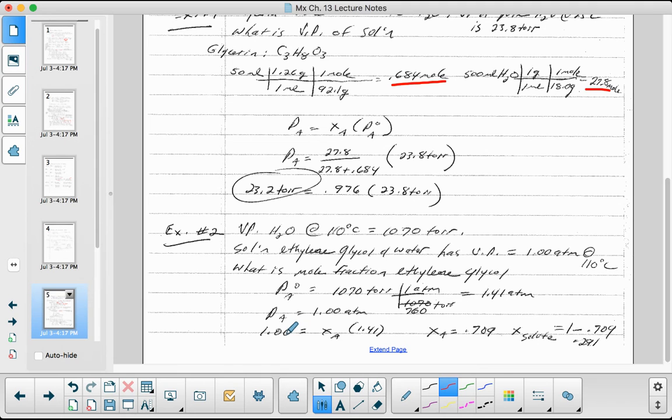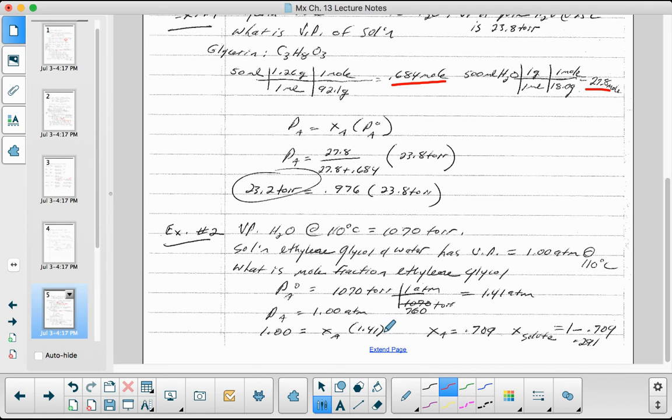So I'm going to plug into my equation for P sub A, which is 1 atmosphere, is equal to X sub A, which is going to be the mole fraction of my solvent. X sub A is the mole fraction that I'm given, and the value that I'm given for my pure solvent, which is water, is 1.41.